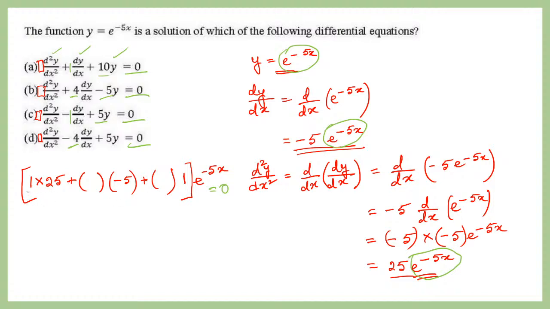so we have first taken the coefficient of d2y/dx2 as 1, and we have multiplied the value of d2y/dx2, that is the coefficient of e to the power minus 5x as 25, plus or minus, let us put here plus minus something, that is the coefficient of dy/dx into the value of dy/dx, or the coefficient of e to the power minus 5x, that is minus 5, we have put it here, plus or minus something, that is the coefficient of y into the coefficient of e to the power minus 5x in y, that is 1, and whole into e to the power minus 5x equals 0.